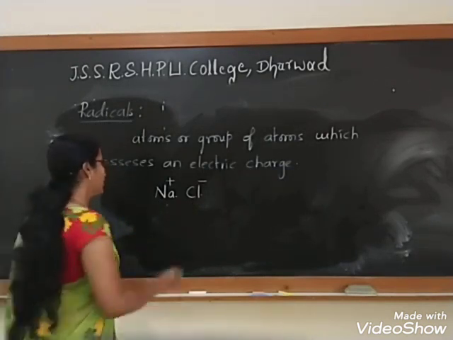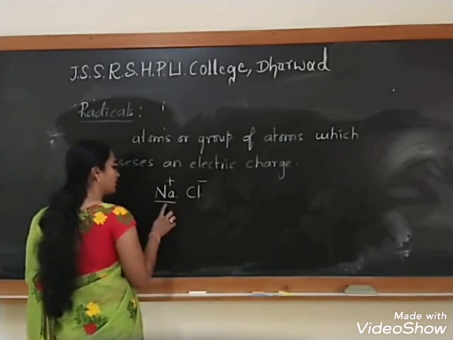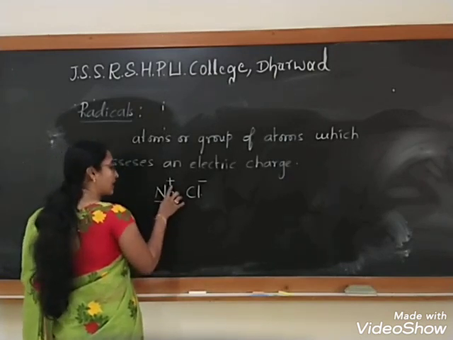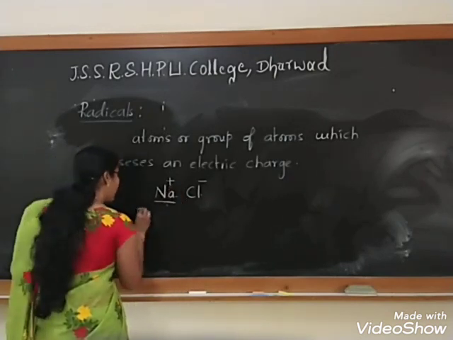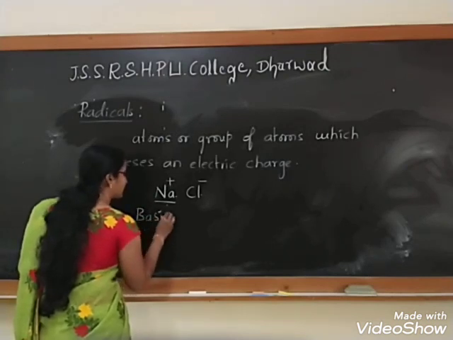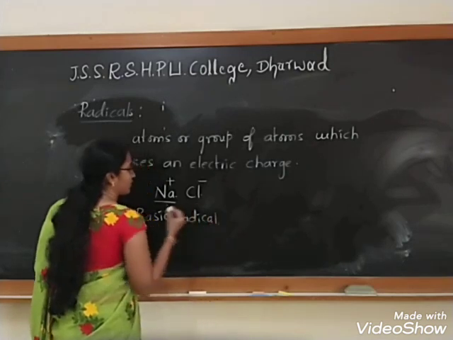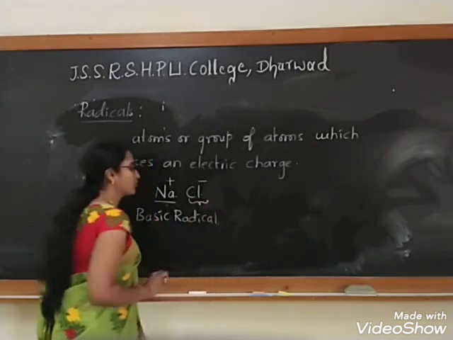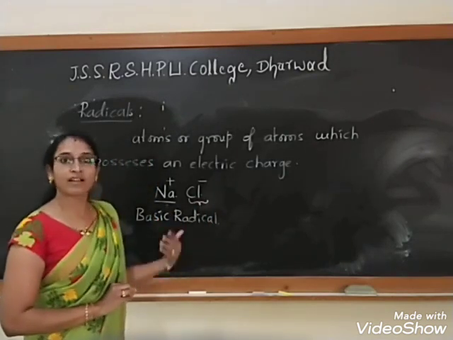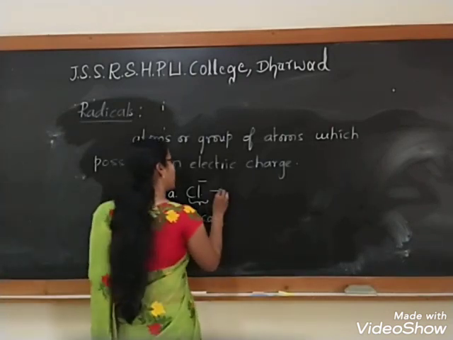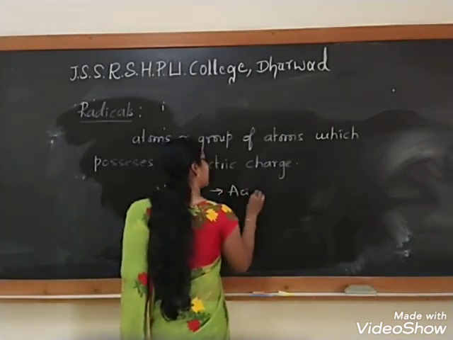Is it clear? So when the atom has a positive charge, it is known as basic radical. When the atom or a group of atoms possesses a negative charge, it is called acid radical.